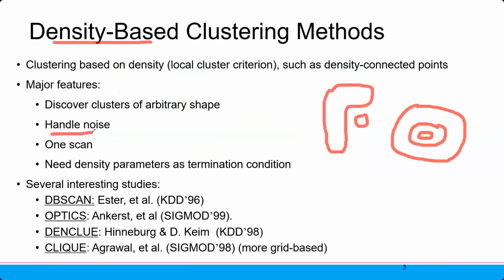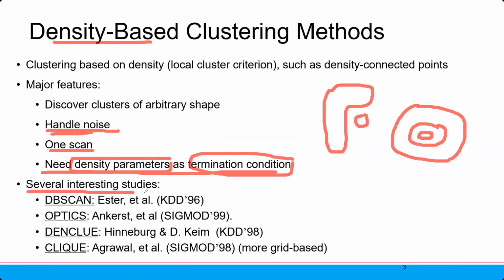And we can handle the noise. The other feature of the density-based method is one scan. Just scanning once, and then we can extract the clusters. And we need the density parameters as the termination condition.